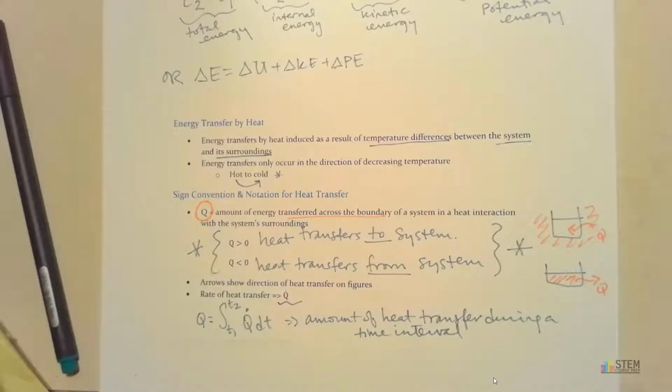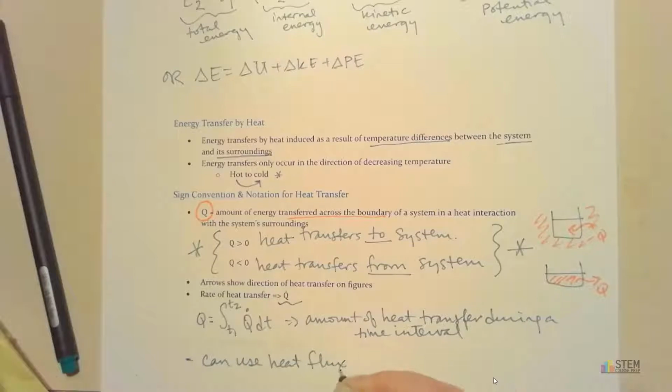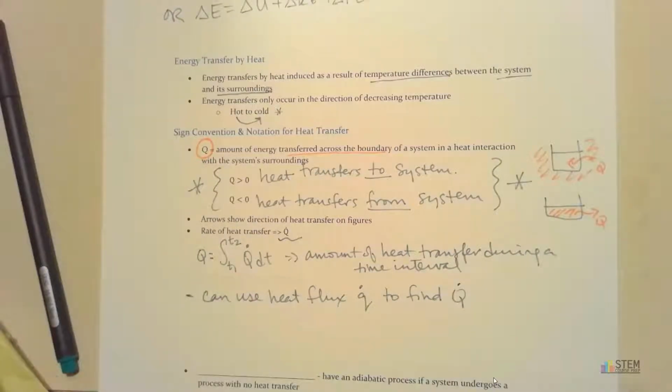Okay. Now there's also something else you can use, and this is called heat flux. So we can use heat flux, which is a little q dot, to find Q dot. Right? So let's write down what this little q dot is, because you might not know what heat flux is.